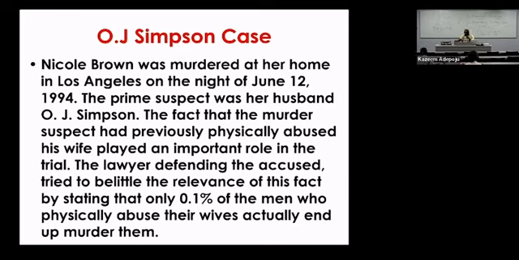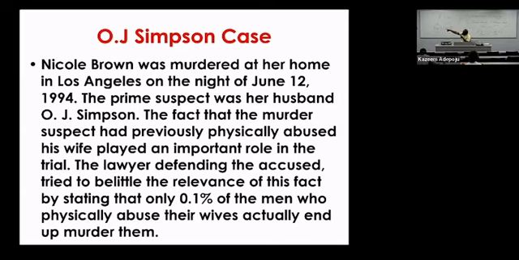So the analysis of the gloves is one of the reasons why Simpson won the case.